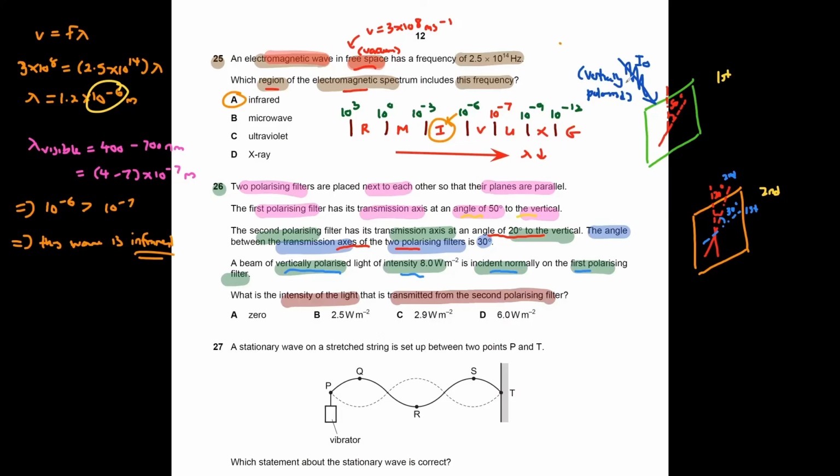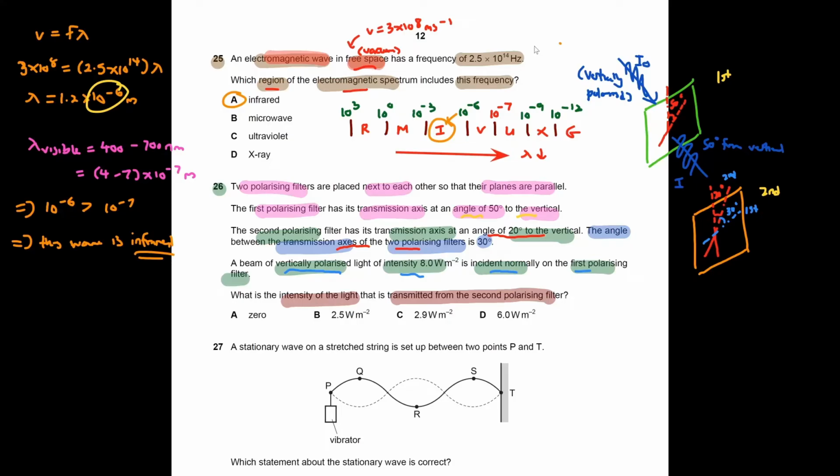So after the polarized light passes through your first polarizer, it will emerge from it, but it will be oscillating at 50 degrees from vertical. Okay, and it will also have a certain intensity I. You are interested to find out what is this intensity I before it hits the second polarizer.